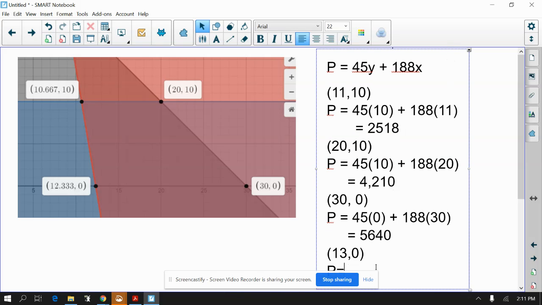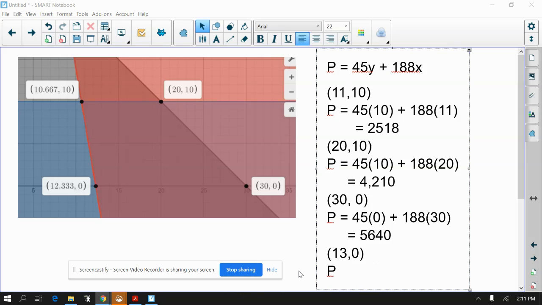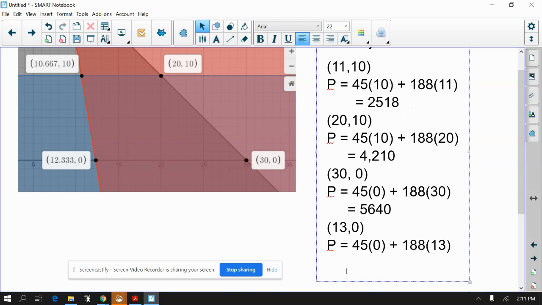So P equals 45 times the y value plus 188 times the x value. And without even touching my calculator, it's got to be less than 5,640 because this is 188 times 30. We'll just do it for our sake, 2,444.